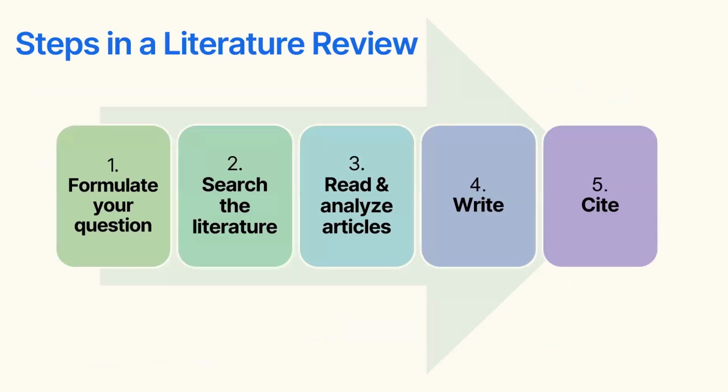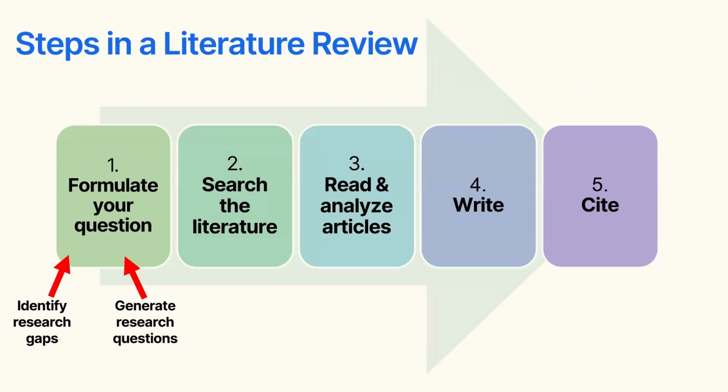Okay, so we're back to our steps in a literature review. So where do these pieces fit in? They were actually pretty much in order from when I listed them. Okay, so identify research gaps. That's really nice when you're thinking about formulating your question. Then you're coming up with an actual research question that you're looking into. That's also going to be important.